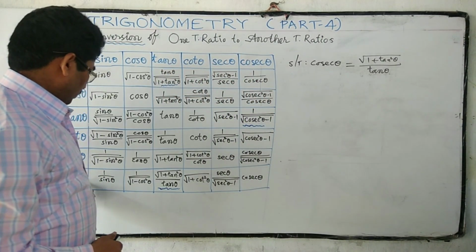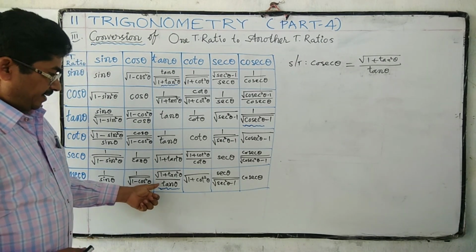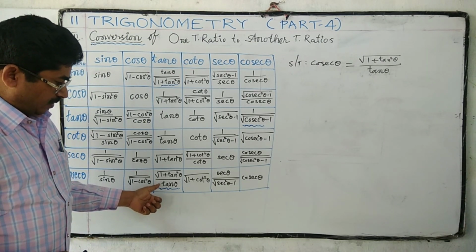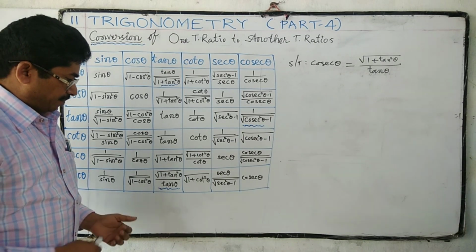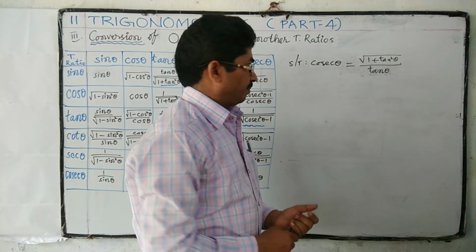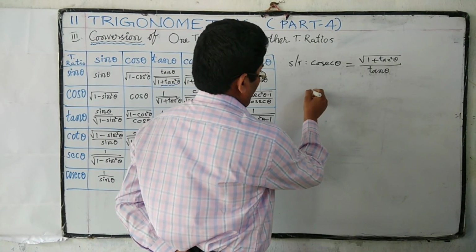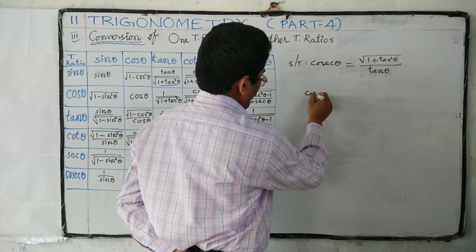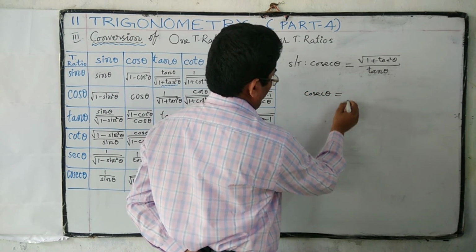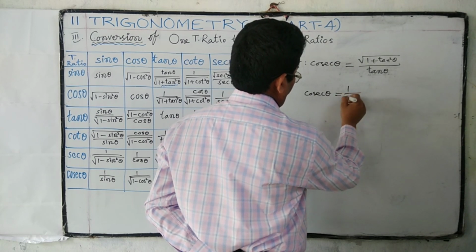Next, cosec theta in terms of tan: under root of 1 plus tan square theta by tan theta. So I will show you this. We know cosec theta is equal to 1 by sin theta.